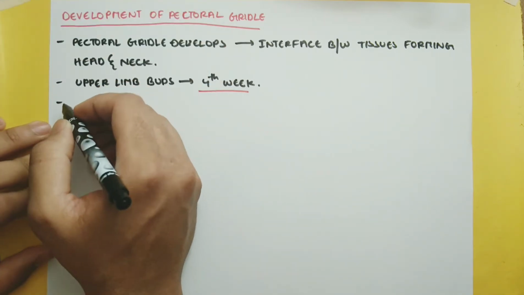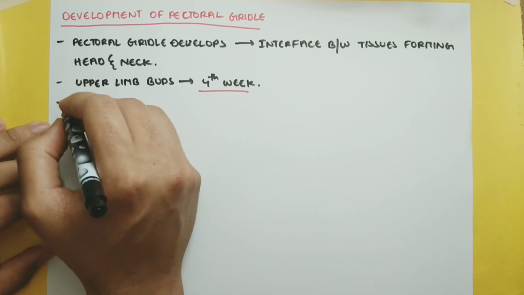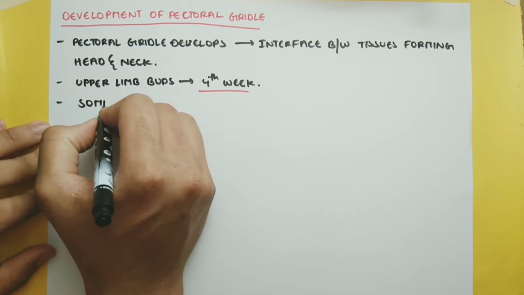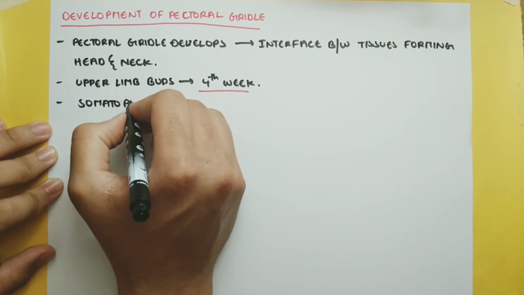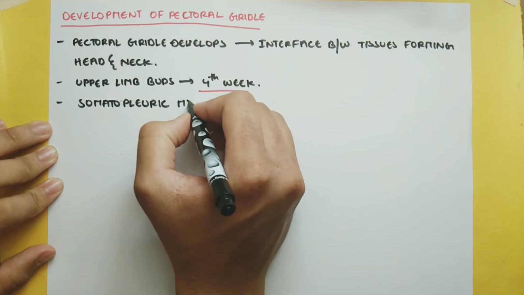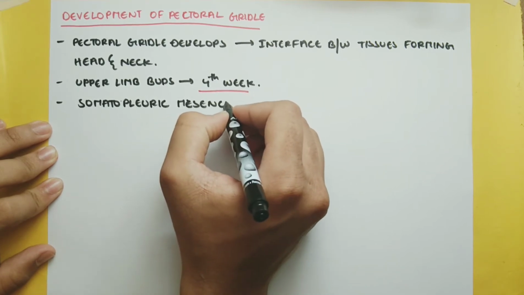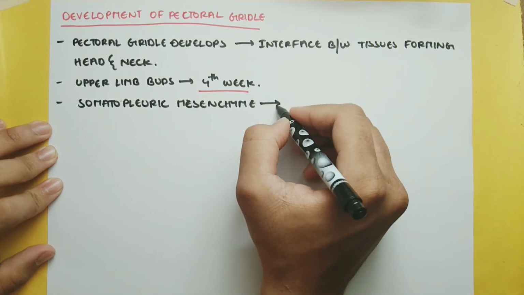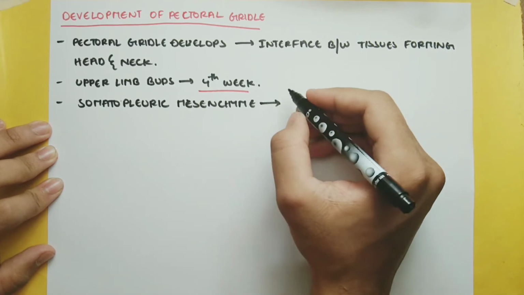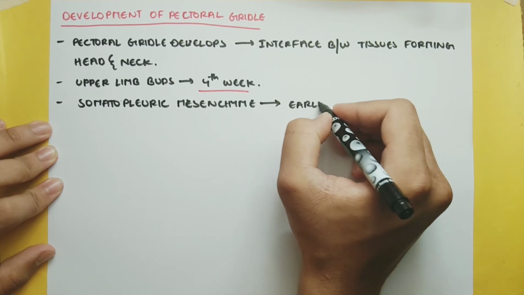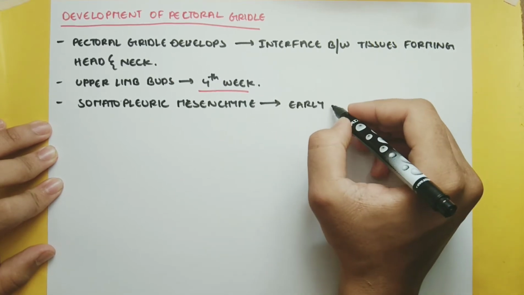The early limb development is done by somatopleuric mesenchyme. Somatopleuric mesenchyme helps in the early limb development.